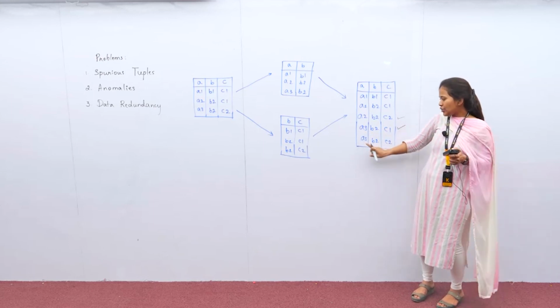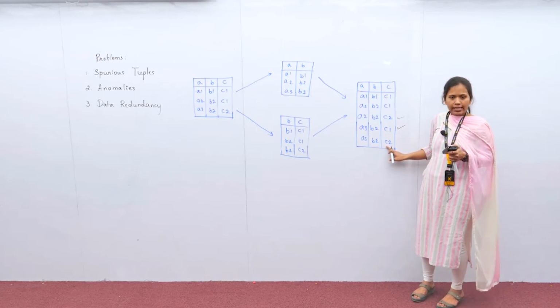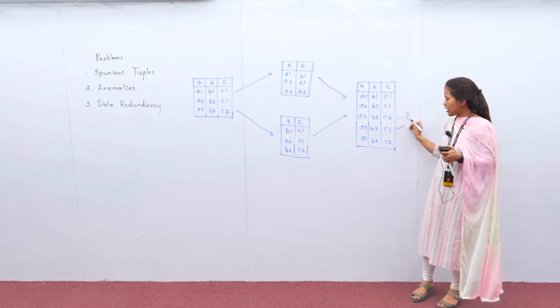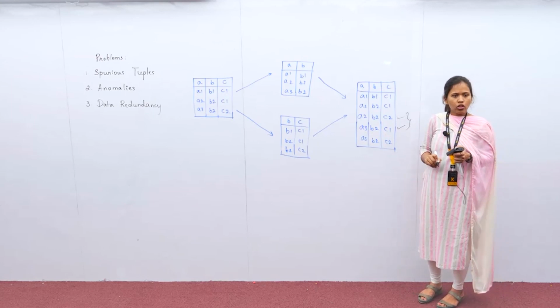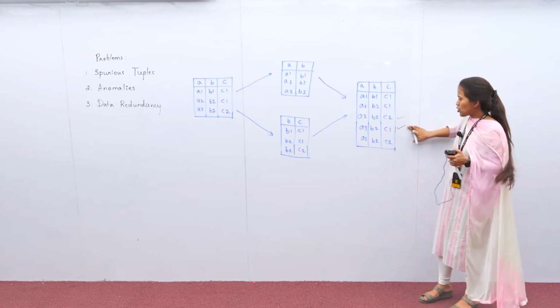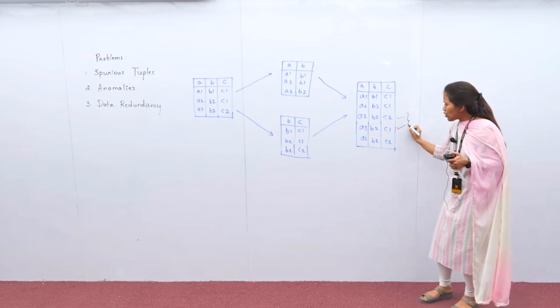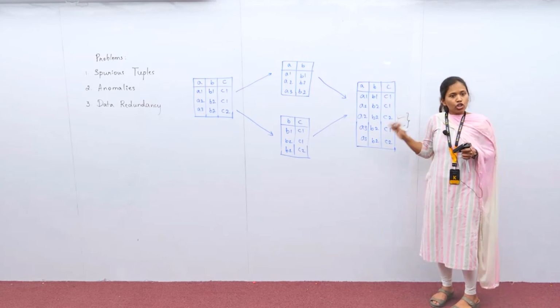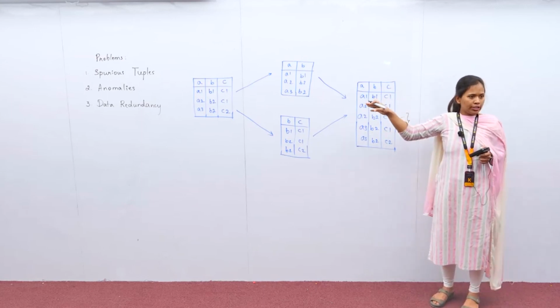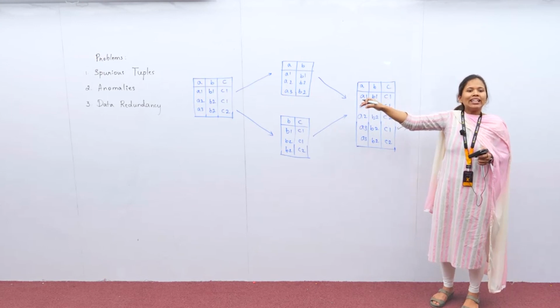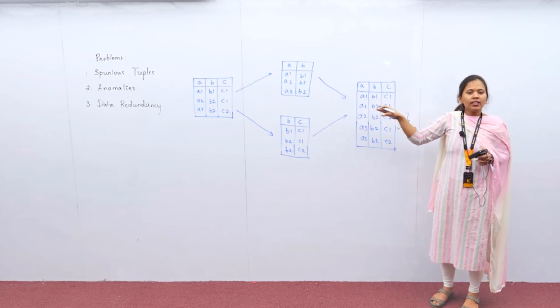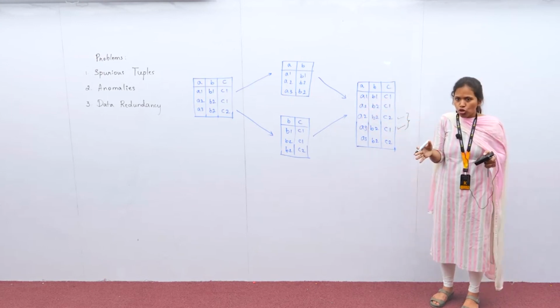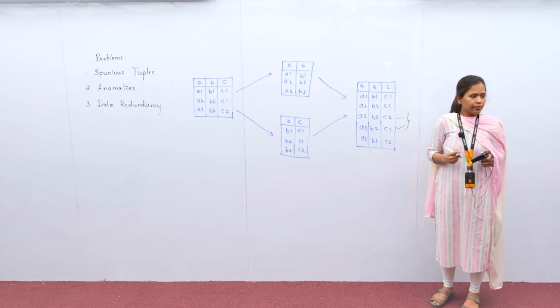No. A3, B2, C2, it is there. So whatever is here, dear students, all of you are getting it? If you observe, we have two records here which are not present in the original table, but they have generated when the table is decomposed and further joined.